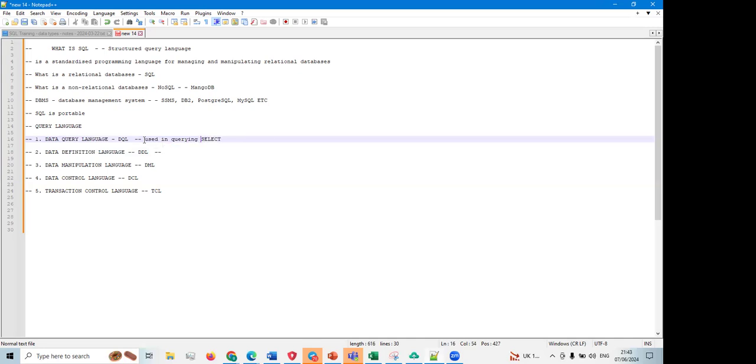Data definition language is used in defining and modifying data.